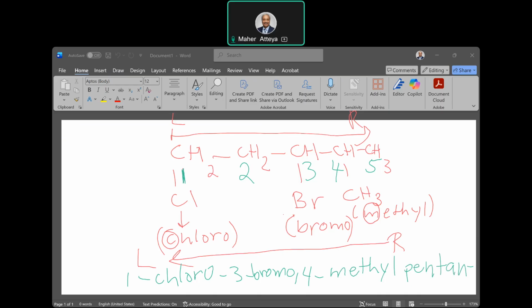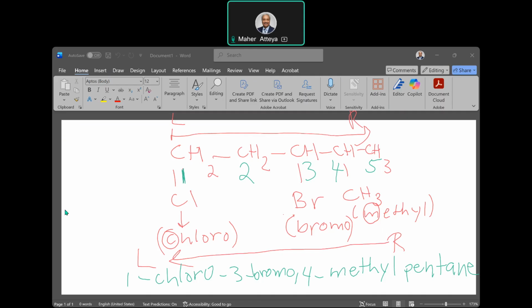So that's how we name the alkanes. We always look at the functional groups attached to the main chain, and the alphabetical order wins, and then we number the chain as such. The chloro will come before the methyl. So that's an example here.